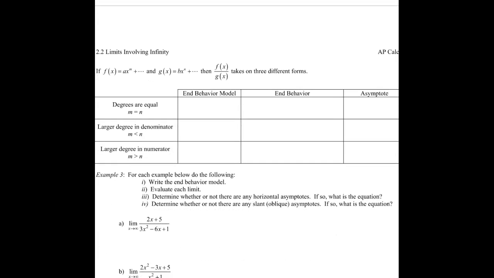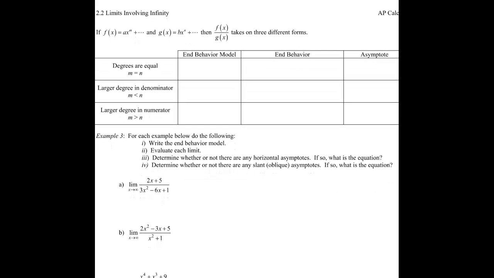Alright, so scrolling down, you guys are turning the page. If f of x is equal to ax to the mth, and g of x is equal to bx to the n, then f of x divided by g of x takes on three different forms. One way to consider this is if m and n are equal. So I've got basically ax to the m over bx to the n, and if these exponents are the exact same, all that's going to do is cancel out those x's, leaving me with just a over b.